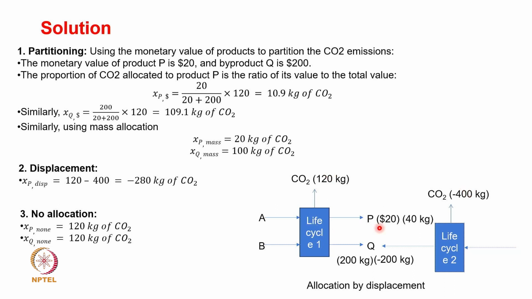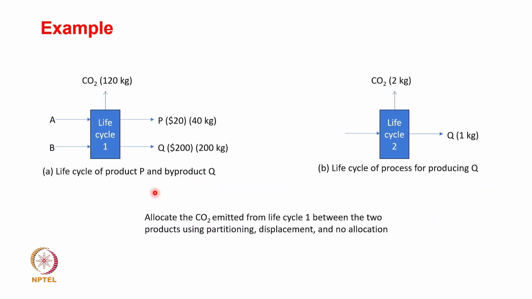But by making P, you are getting a lot of Q as a result. So here you are actually generating 120 kilogram of CO2. Also, you have saved 400 kilogram of CO2 by generating 200 kilogram of Q. So the net displacement is 120 minus 400, which is minus 280 kilogram of CO2.